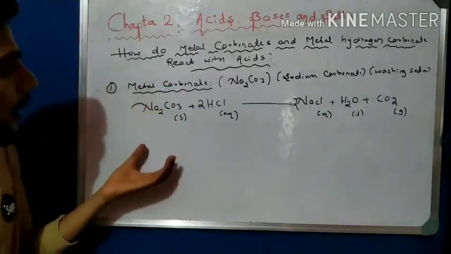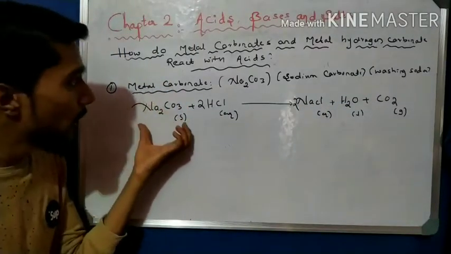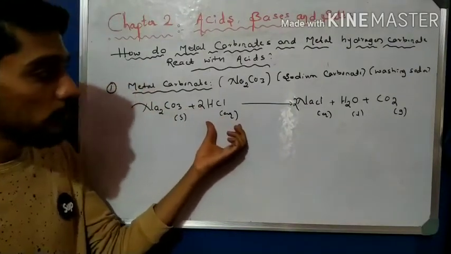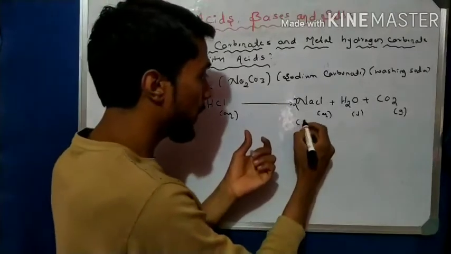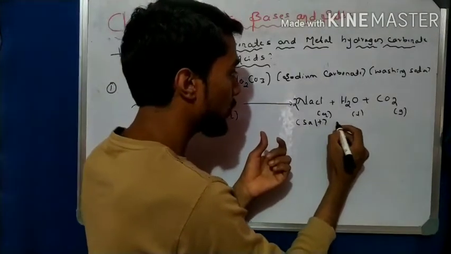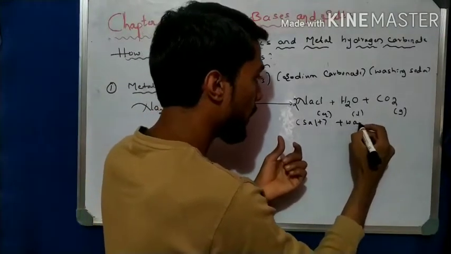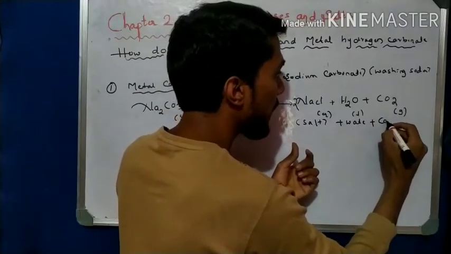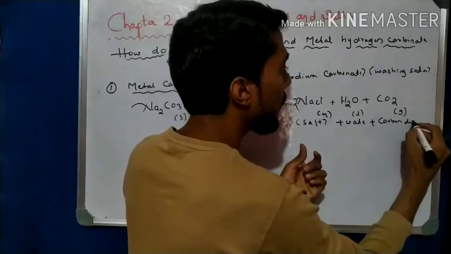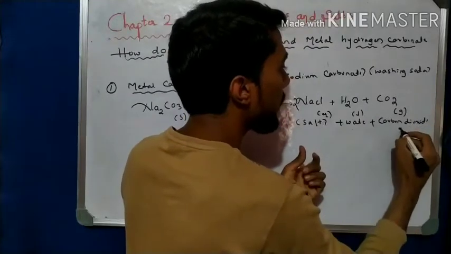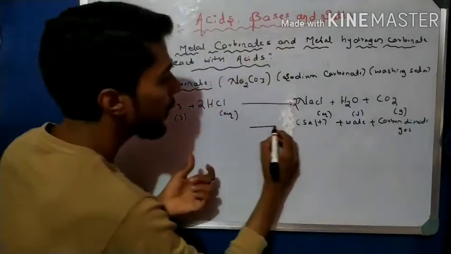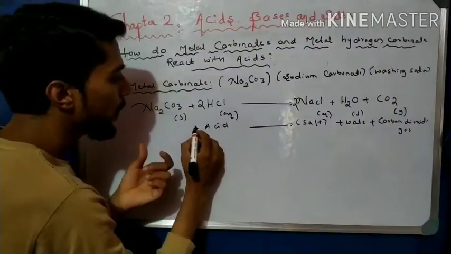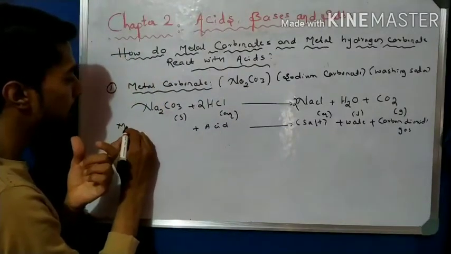So observe here, when metal carbonate, that is sodium carbonate, reacts with hydrochloric acid, we observe that salt is obtained plus water plus carbon dioxide gas. Carbon dioxide, in general, we write. So here the remark: any acid plus a metal carbonate.